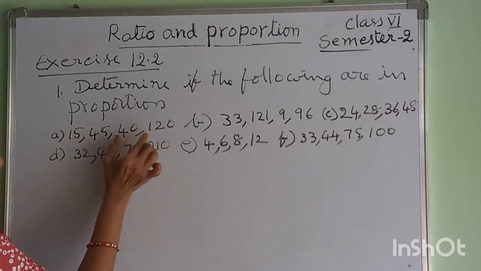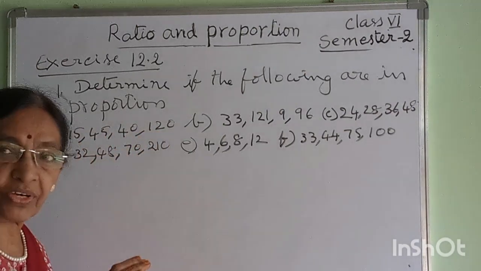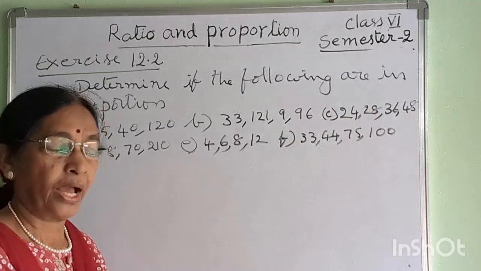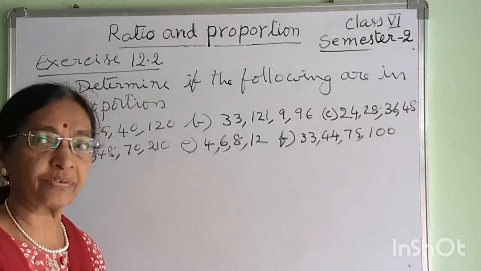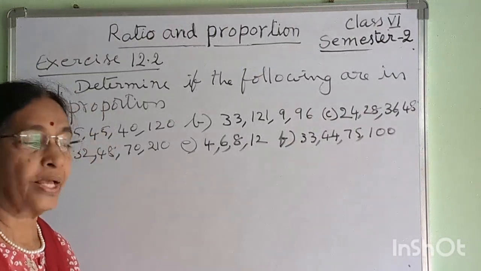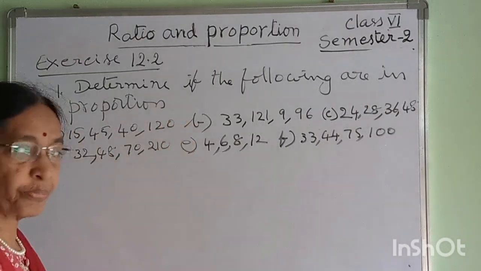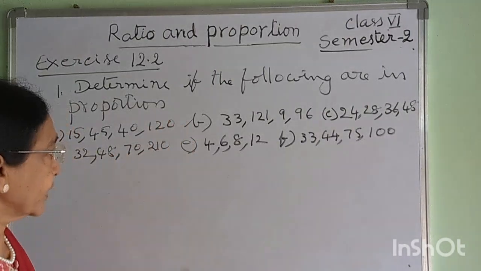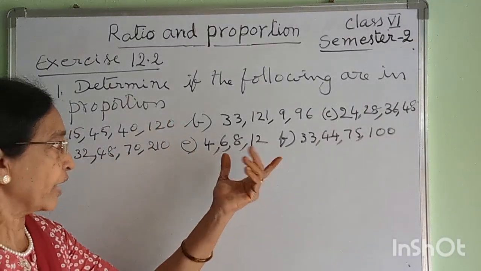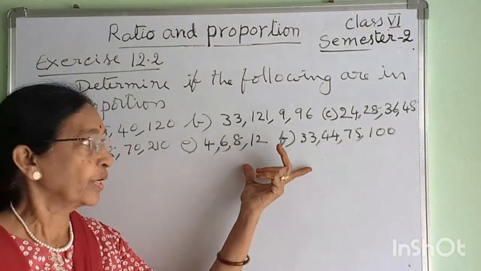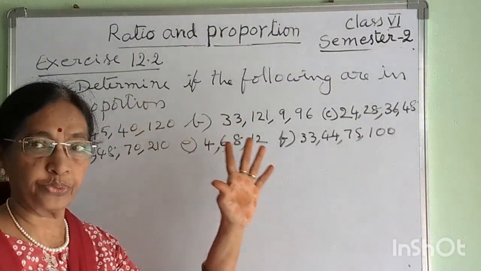If these two ratios are equal, then these are in proportion. So there are 6 problems. I will do the last 2 ones. The other 4 you do at home.